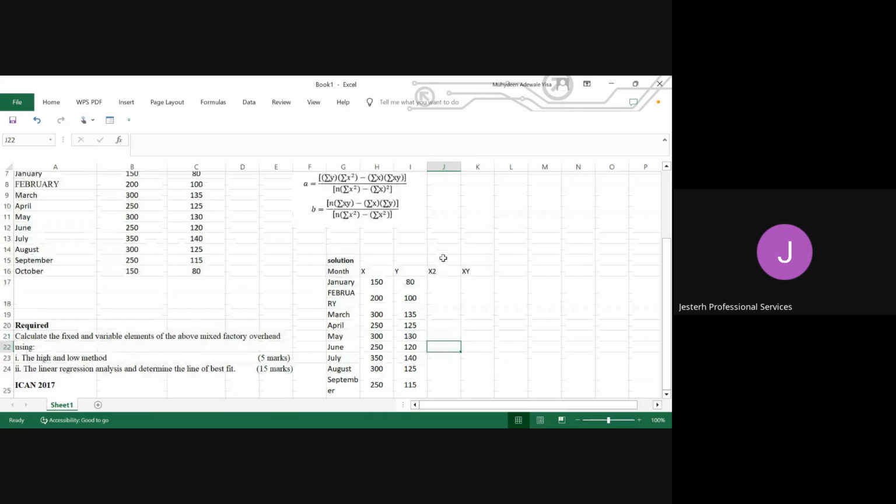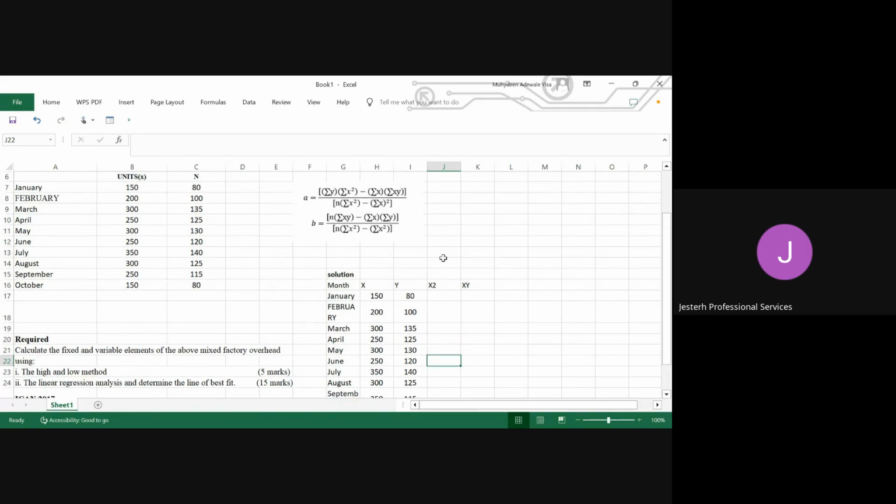Now, you can see from the formula, they ask us to look for X squared, and then they also ask us to look for the summation of XY. What we are going to do, I want us to carry our calculator. If you are not with a calculator, just pay attention and see how I'm doing it one after the other.